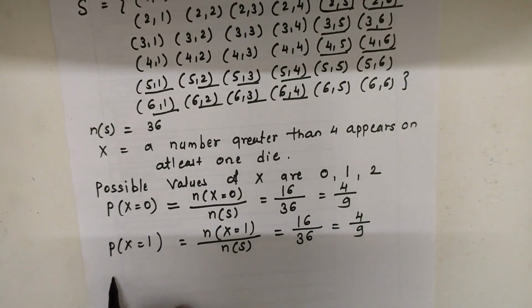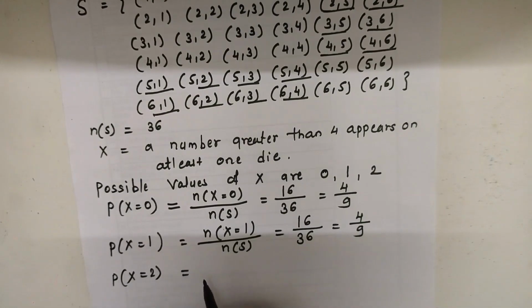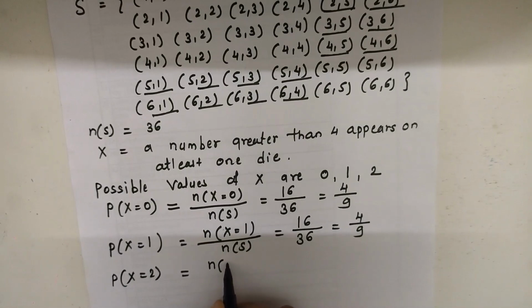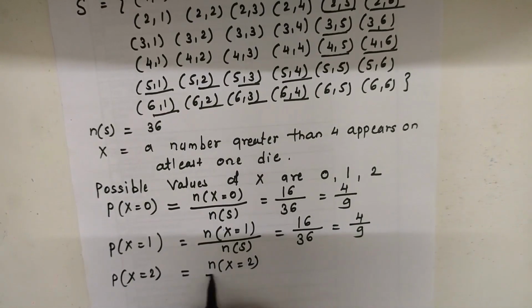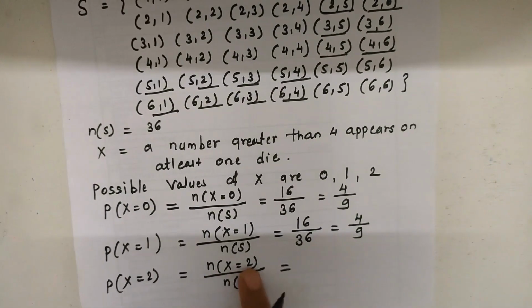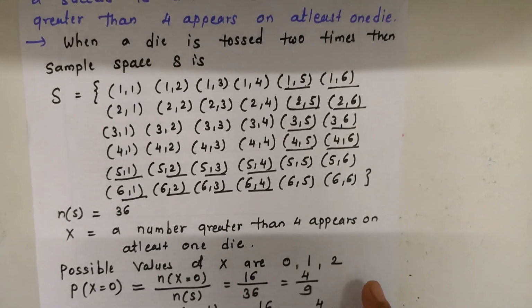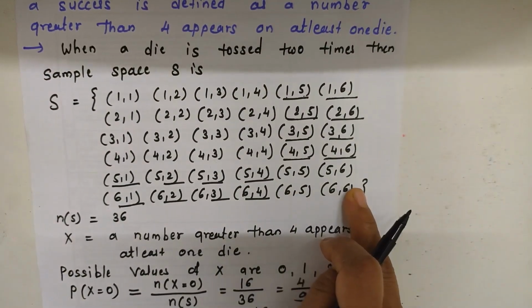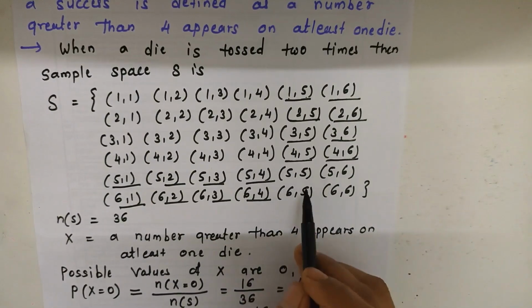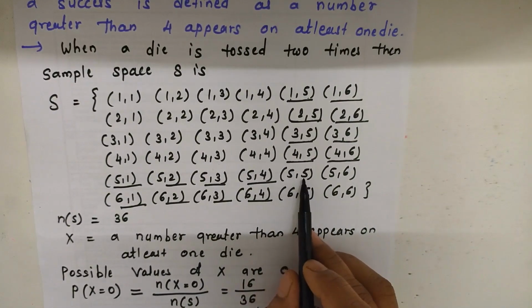Now for the next value, X equal to 2, the probability is the number of points for X equal to 2 upon the total number of sample points, n of S. X equal to 2 means both the dice show a number greater than 4, and such pairs are 5 5, 5 6, 6 5 and 6 6. Both numbers are greater than 4.